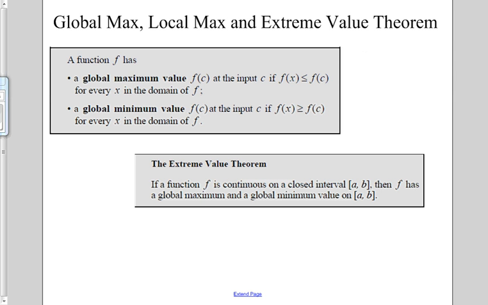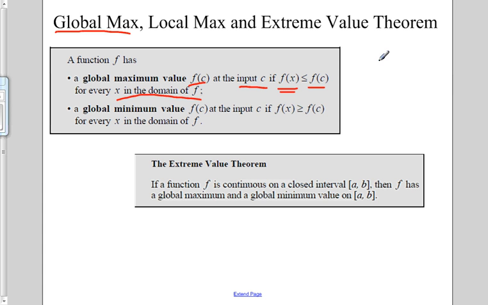Okay, a couple other ideas for us to digest. So we talked about local max and local min. Now we're going to talk about the global max versus local max. The global max is the largest. So for some value c, the global maximum value is f of c, and it's bigger than f of x for all x in the domain.